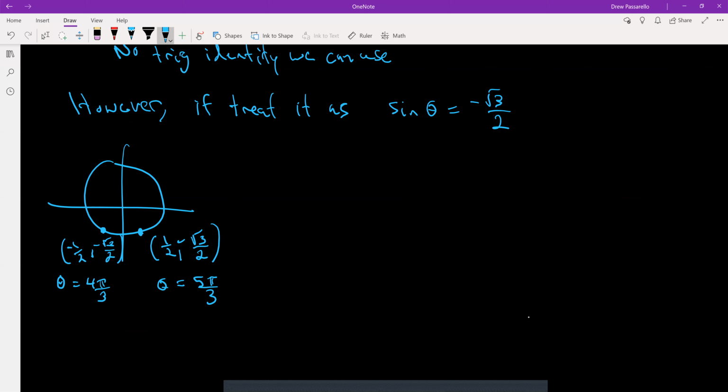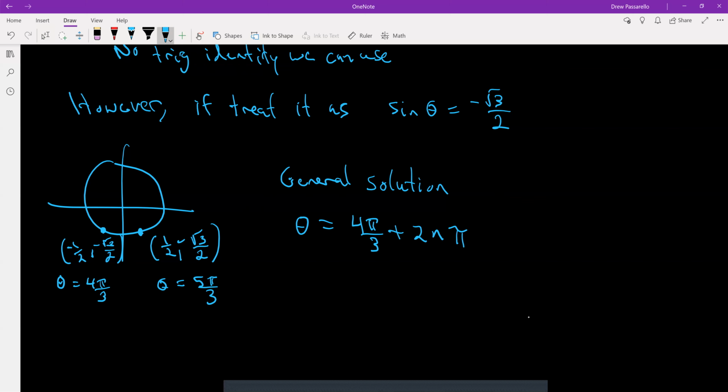Now the general solution: I have 4 pi over 3, and then I can add multiples of 2 pi for the different revolutions, so it'll be plus 2n pi.